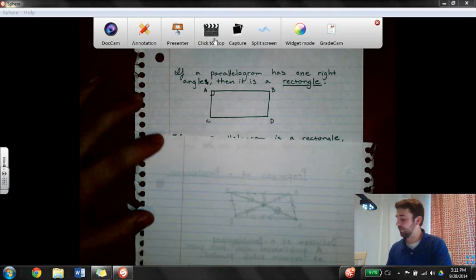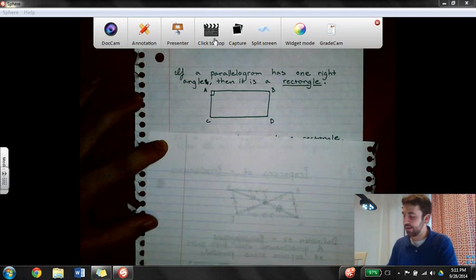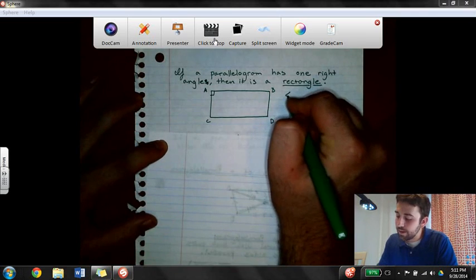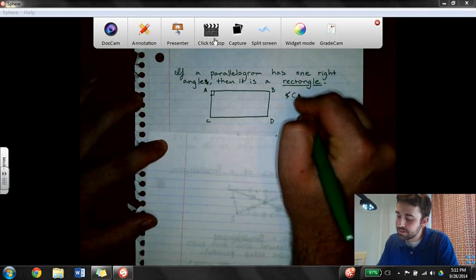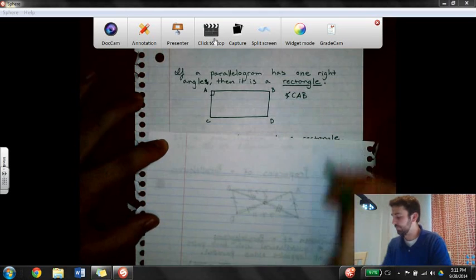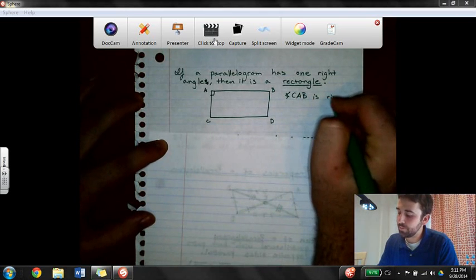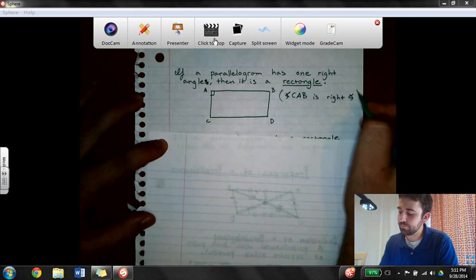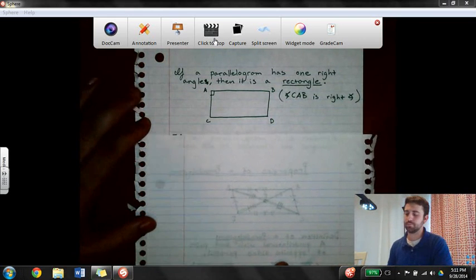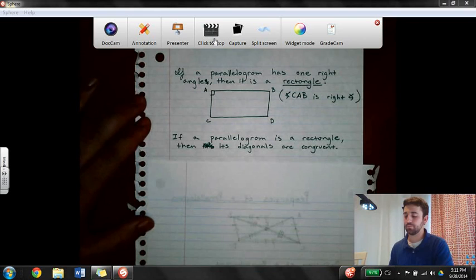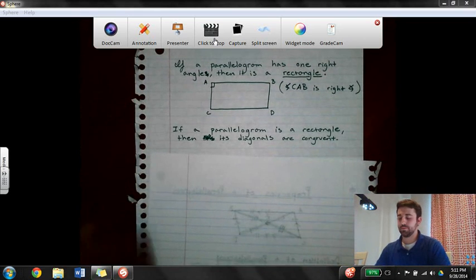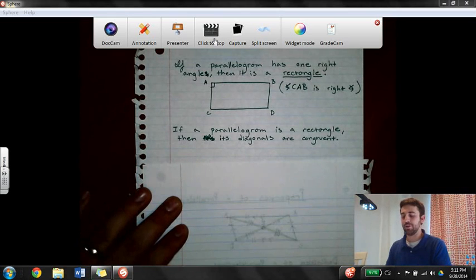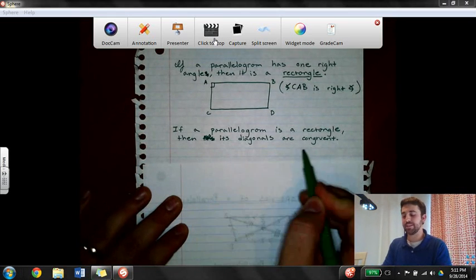And so using our notation, we can say that the angle CAB is a right angle. Our next property of a rectangle here is if a parallelogram is a rectangle, then its diagonals are congruent.